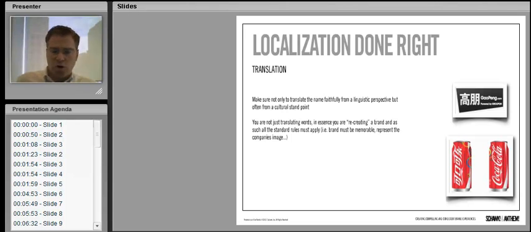The second one is Coca-Cola, which I just alluded to. I'm sure many of you have heard this one before. Coca-Cola, when they originally opened up in China in 1928, they roughly translated the name so it would sound like Coca-Cola. So the original translation before it went to market sounds like Coca-Cola, but roughly translated means biting the wax tadpole.